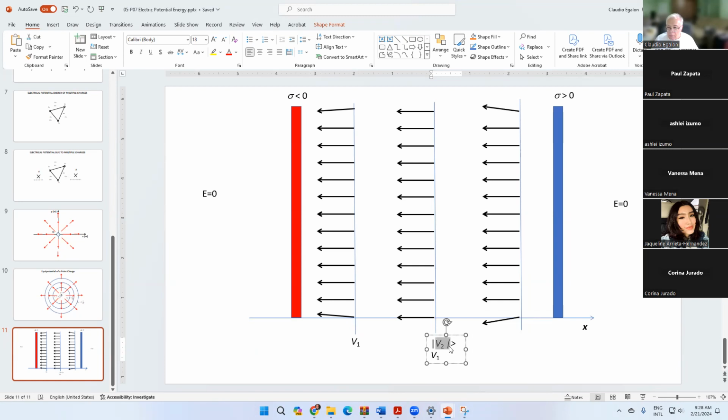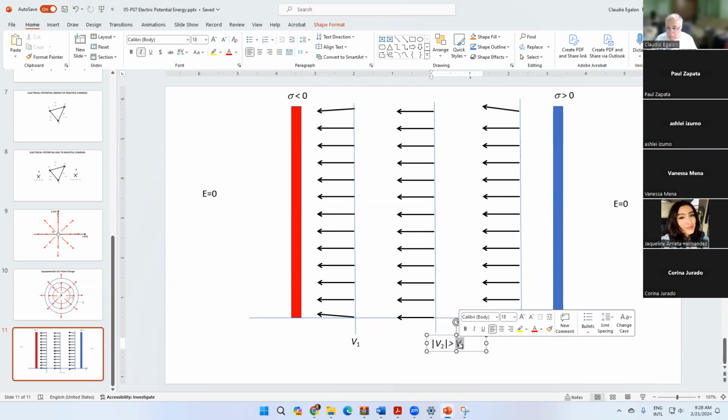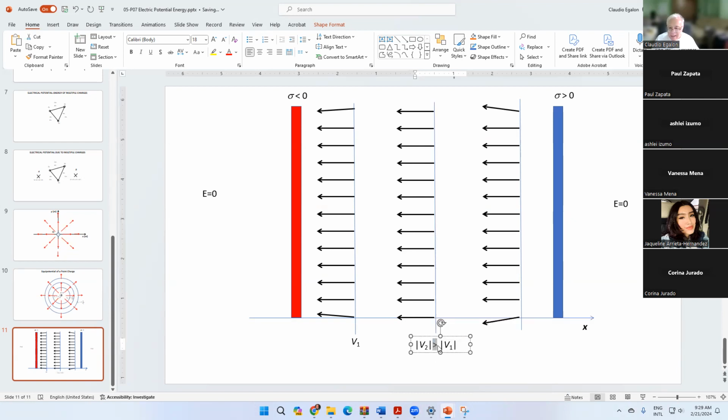V2, V1. And then we've got this other one, V3.